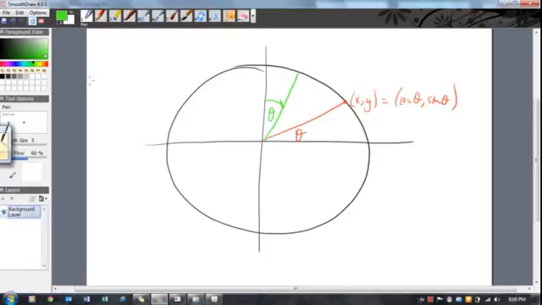Then the points you get will be exactly the same, but the other way around. Instead of x and y, you'll get y and x, flipped back to front.